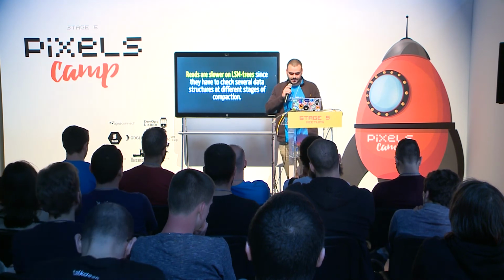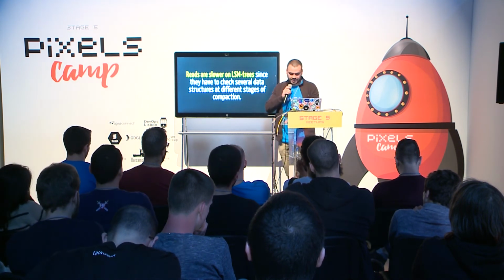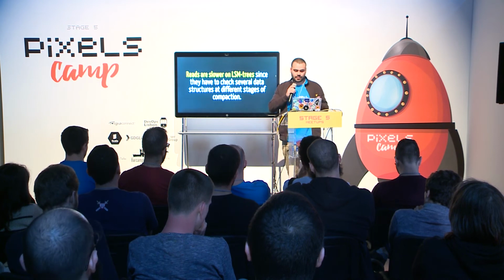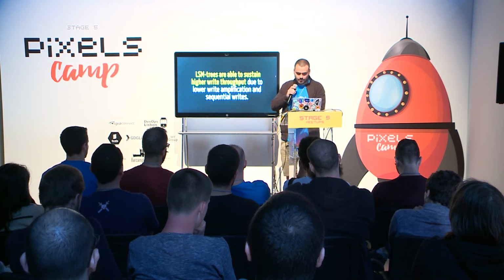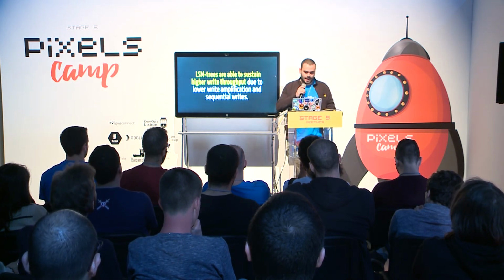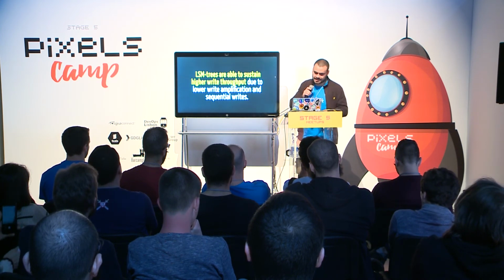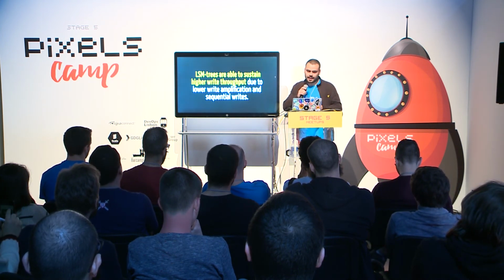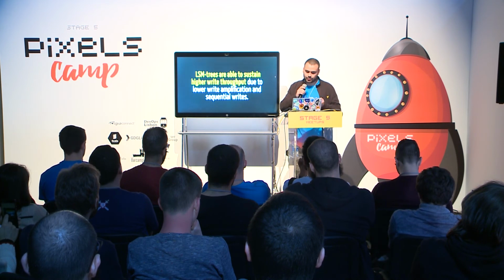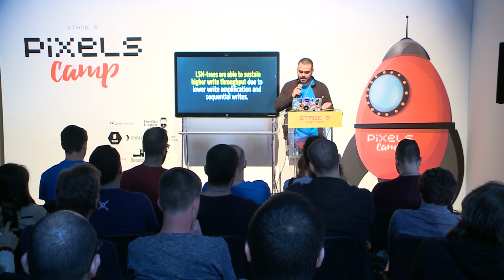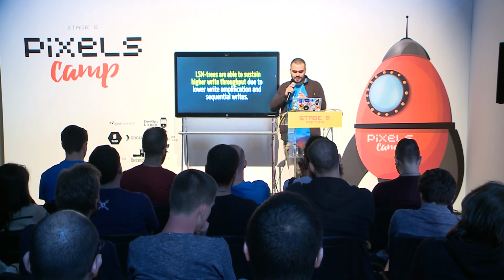We need to fetch several data structures to fetch a given key, although they are write optimized. And a last point is that LSM-Trees are able to sustain a higher write throughput due to the lower write amplification and because we have sequential writes.